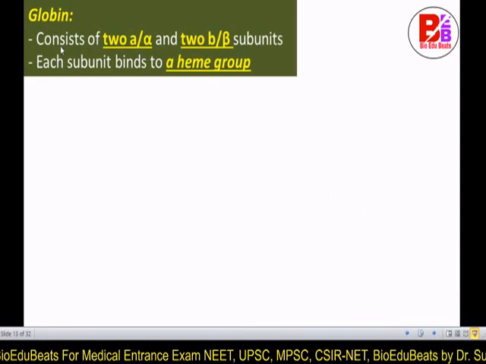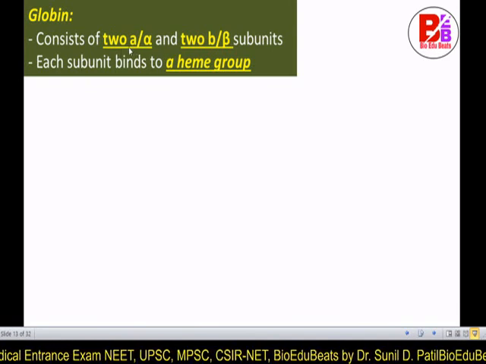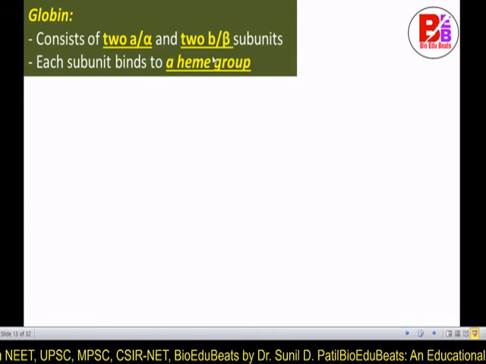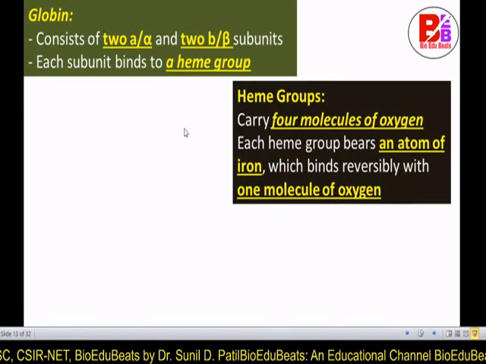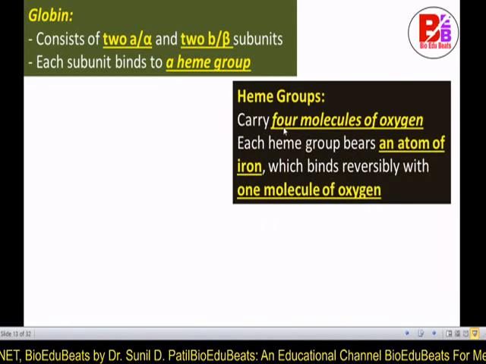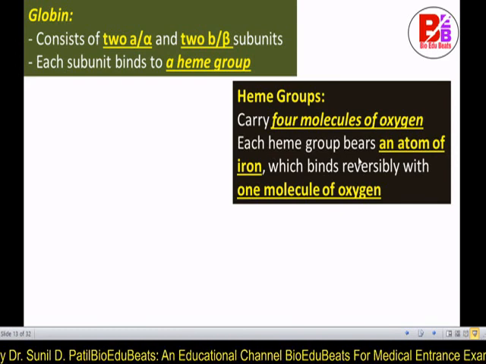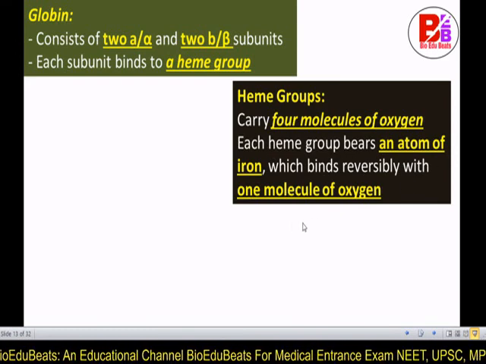The globin consists of 2 alpha and 2 beta chains or subunits. Alpha or A chains, beta or B chains: 2 alpha chains, 2 beta chains. Each subunit binds a heme group, so there are 4 heme groups, carrying 4 molecules of oxygen. Each heme group bears an atom of iron which binds reversibly with 1 molecule of oxygen.